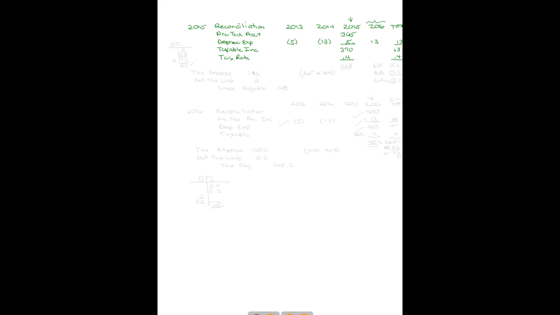370 times 40% equals 148 taxes payable for our current year, and the $13 we have left in our future taxable items at 40% is equal to 5.2.